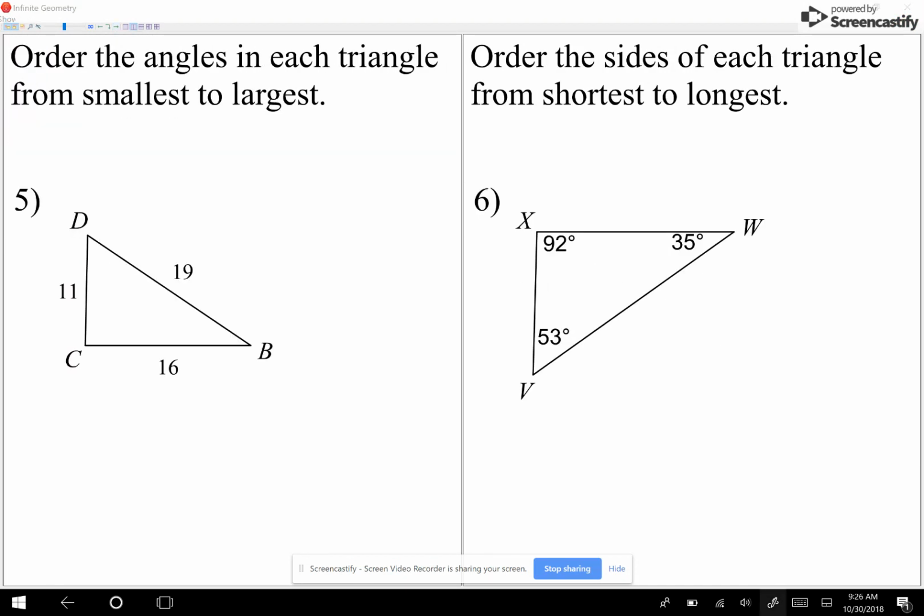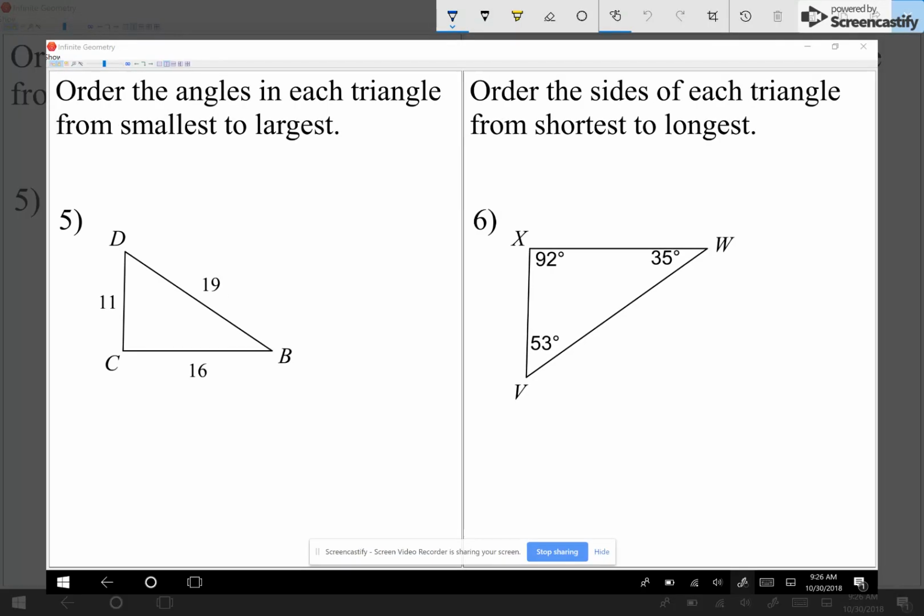Lastly, I'm going to look at these examples. Order the angles in each triangle from smallest to largest. We're asked to order the angles, but we have the sides. The smallest side, in this case 11, is always opposite from the smallest angle.